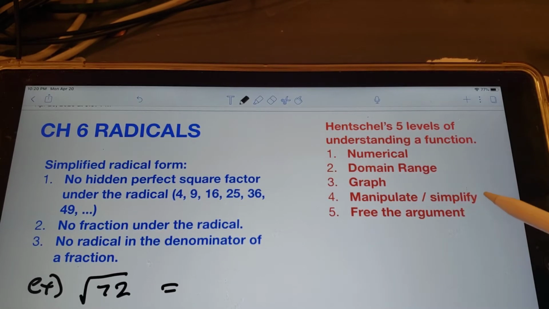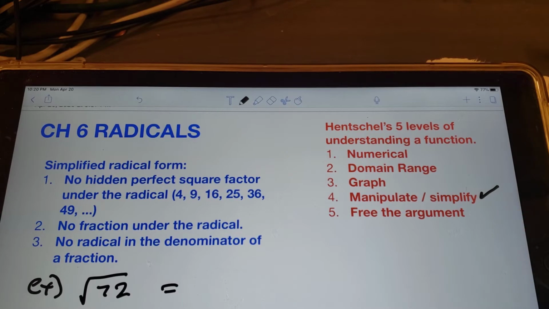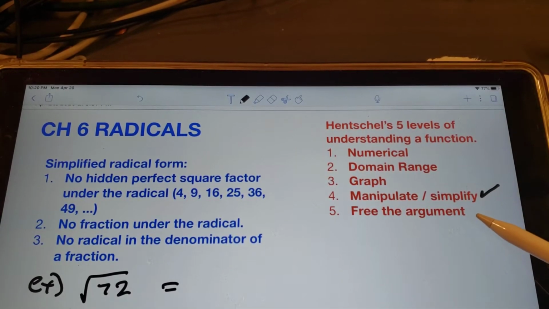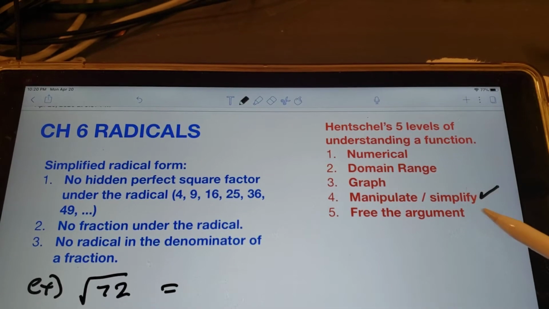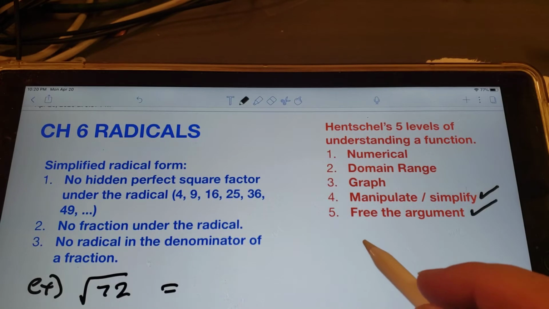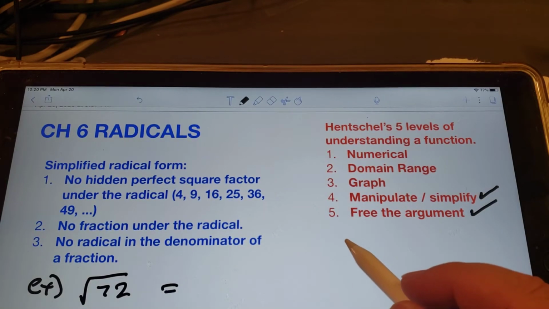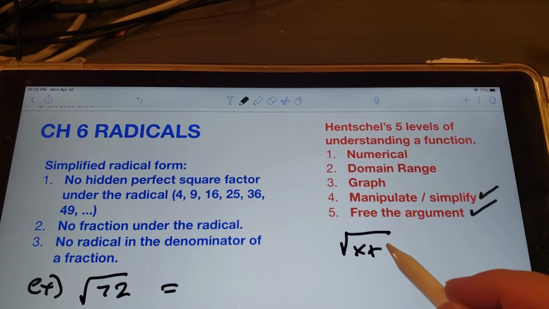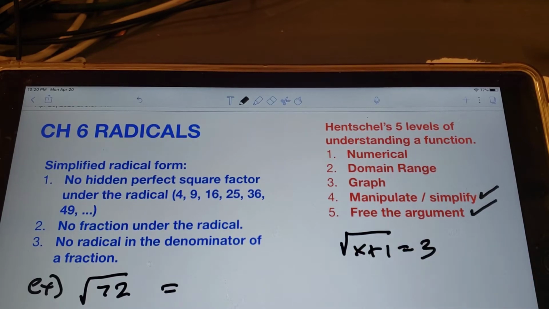That's a big one in, well, any function, but certainly in radicals. And then this idea of freeing the argument, which we've actually already done. I don't want to get into it on this lesson, but what I mean by freeing the argument, if I have something like this, I have to understand this function so well that I know how to get rid of the radical.